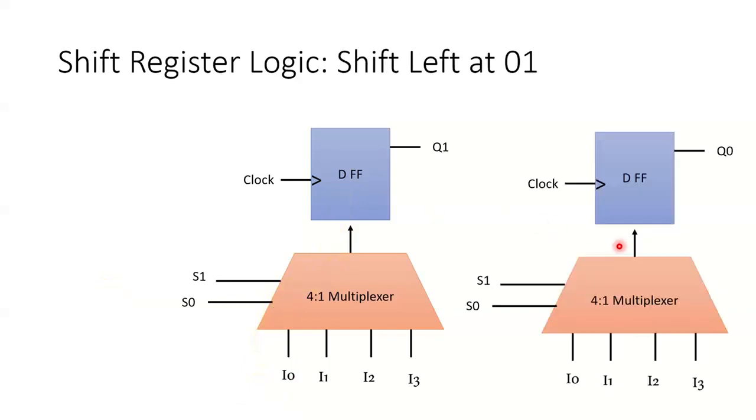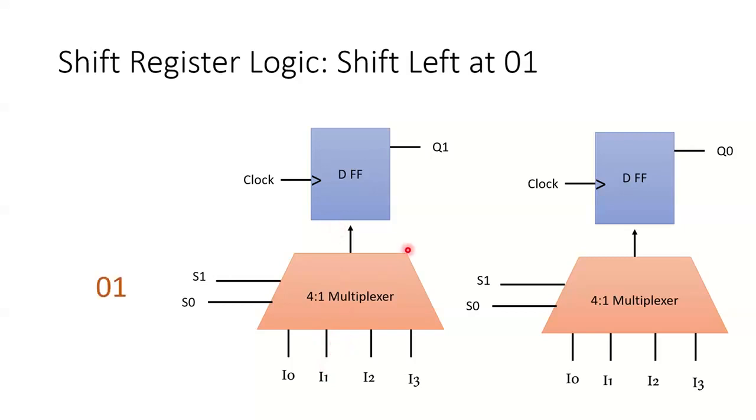Okay, now let's take the next operation. Now suppose you want to shift left when your select lines are 0, 1, right? So shifting left is what? Whatever is the data over in Q0, you want that to appear on Q1, right? Now the select lines control which input gets connected to the output. So if my select line value is 1, my one input will get connected to the output.